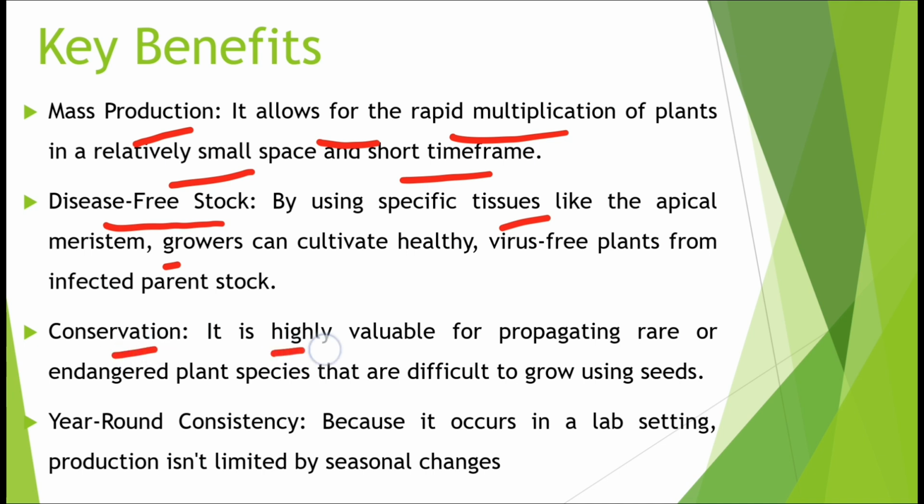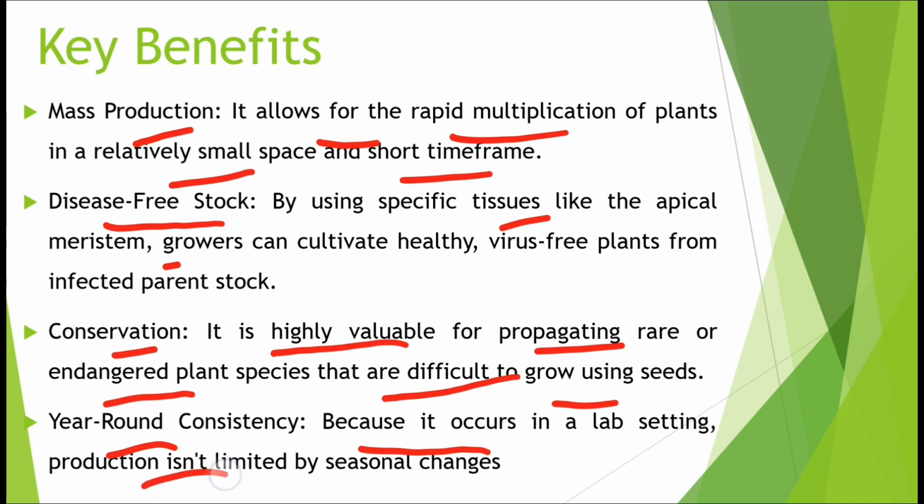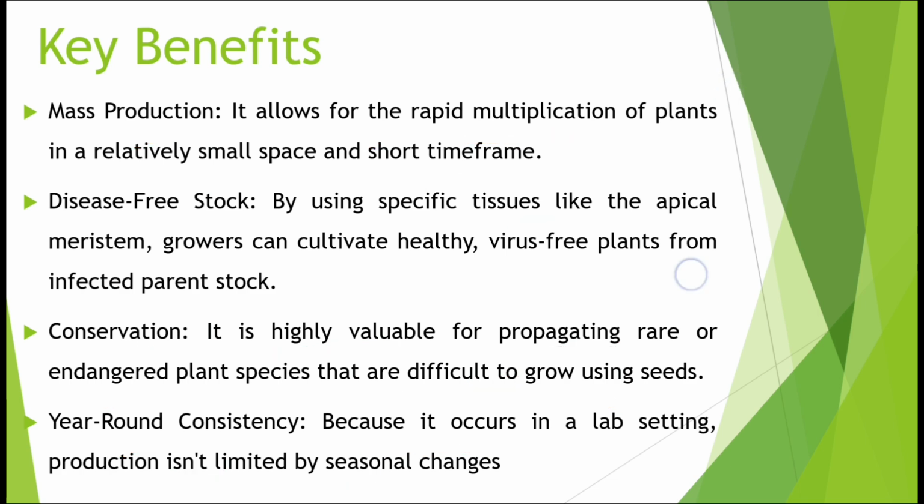Then conservation. It is highly valuable for propagating rare and endangered plant species which are difficult to grow using seeds. Next, year round consistency. Because it occurs in a lab setting, production is not limited by seasonal changes, so we can cultivate it anytime. So these are some key benefits.